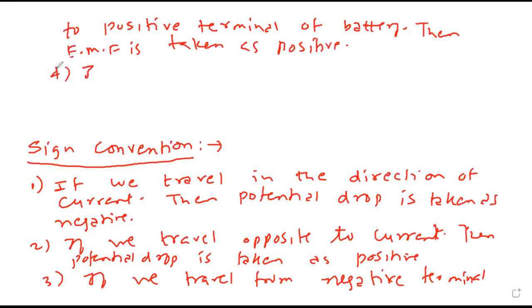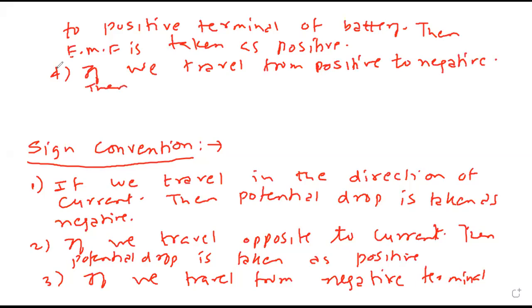Fourth, if we travel from positive to negative, then EMF is taken as negative. So high to low negative, low to high positive.